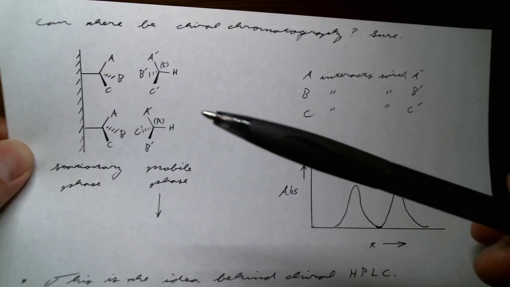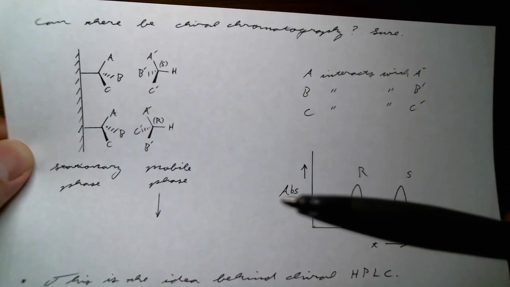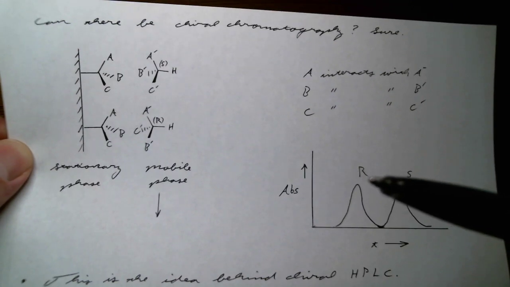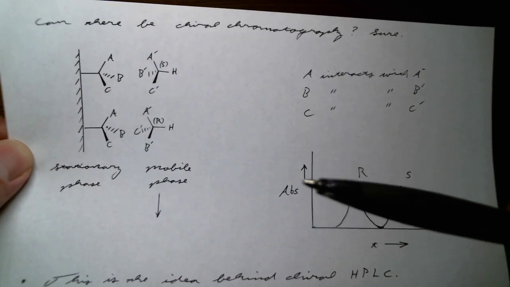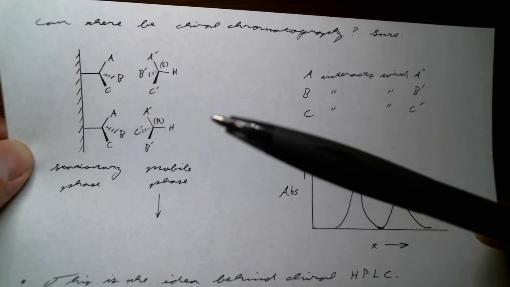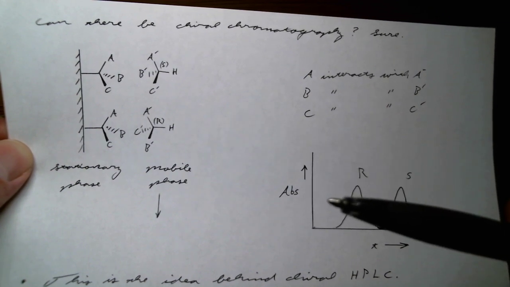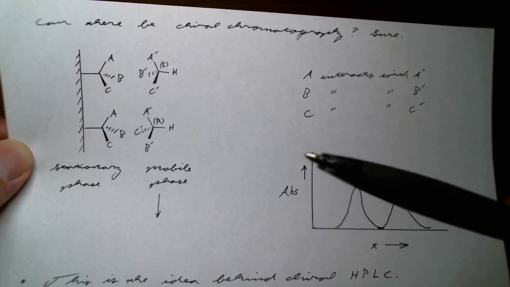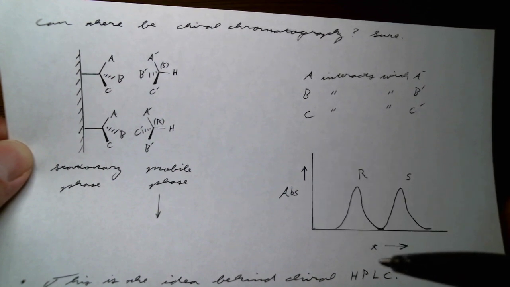For our instruments that perform this chiral chromatography, usually there's a detector which detects our molecules either using Beer's law and some sort of absorbance detector.